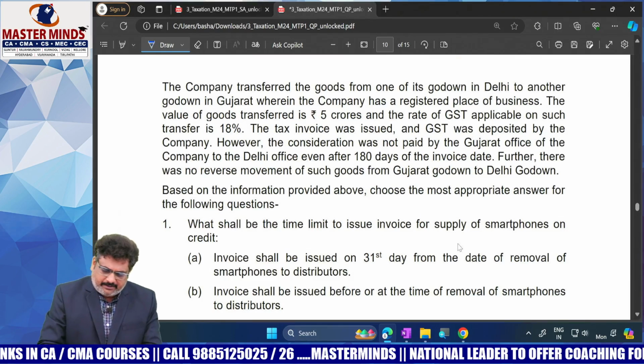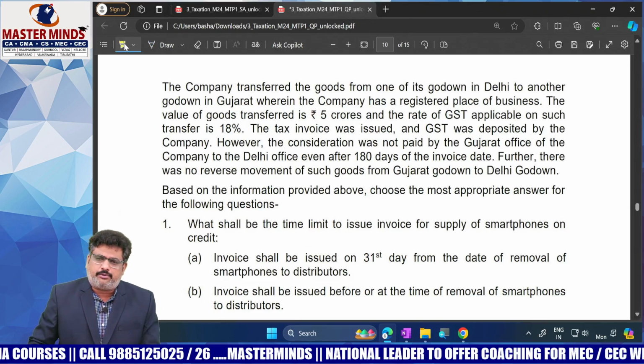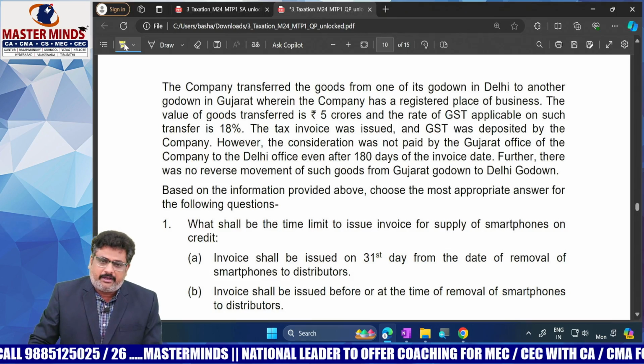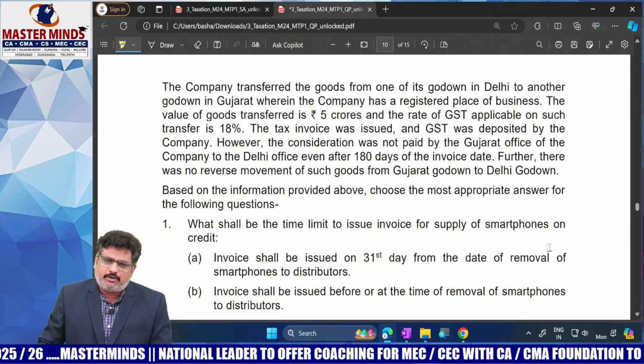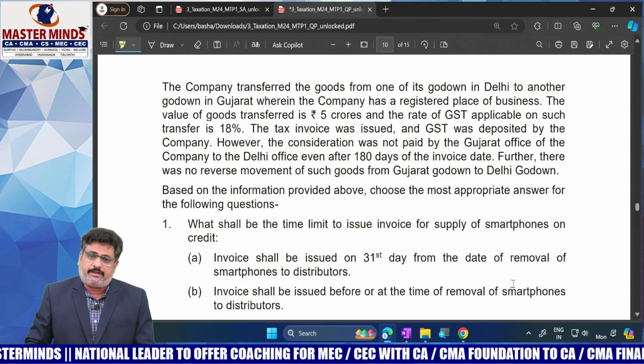The company transferred the goods from one of its godowns in Delhi to another godown in Gujarat, wherein the company has a registered place of business. The value of the goods transferred is 5 crores and the rate of GST applicable is 18%.